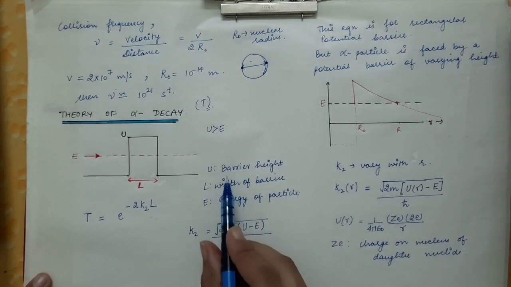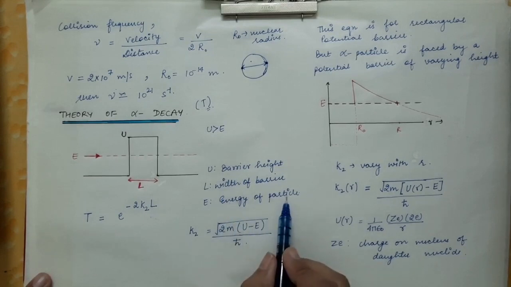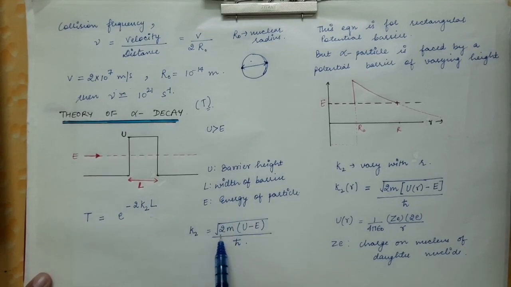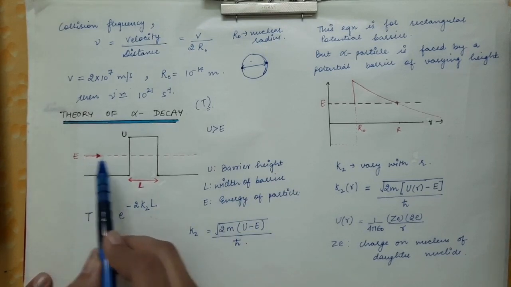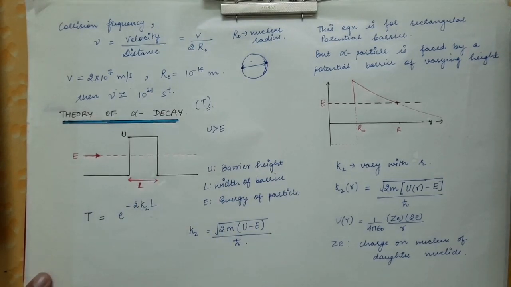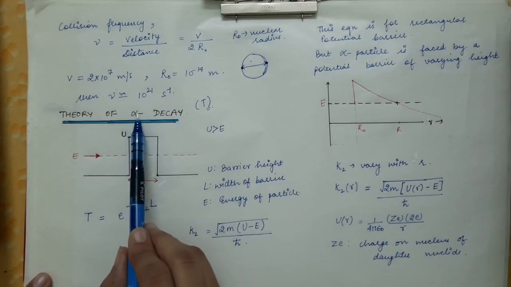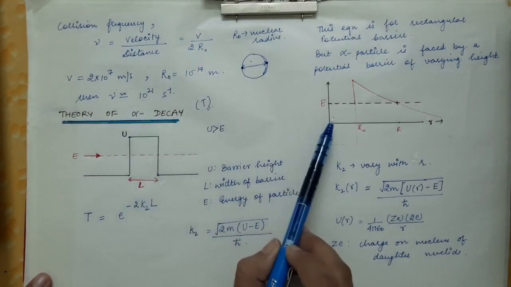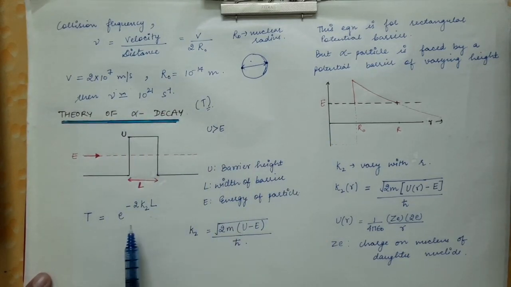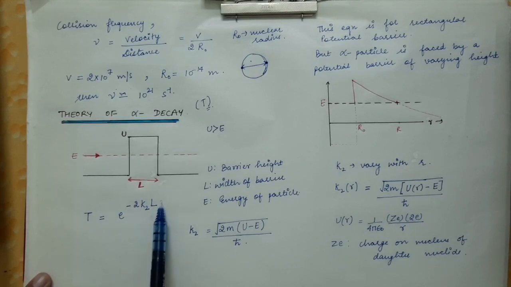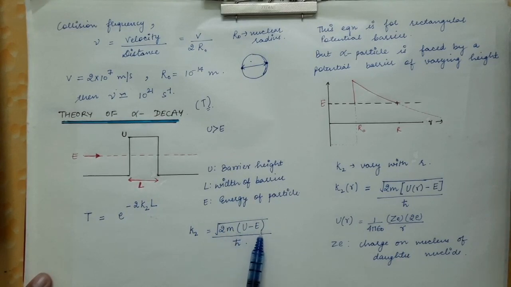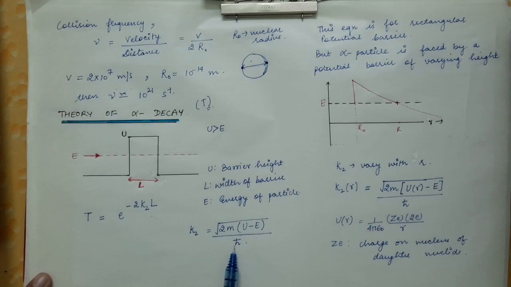U is the barrier height, E is the energy of the particle, and m is the mass of the particle hitting the barrier, which in our case will be the mass of the alpha particle. Here h cut is equal to h by 2 pi.